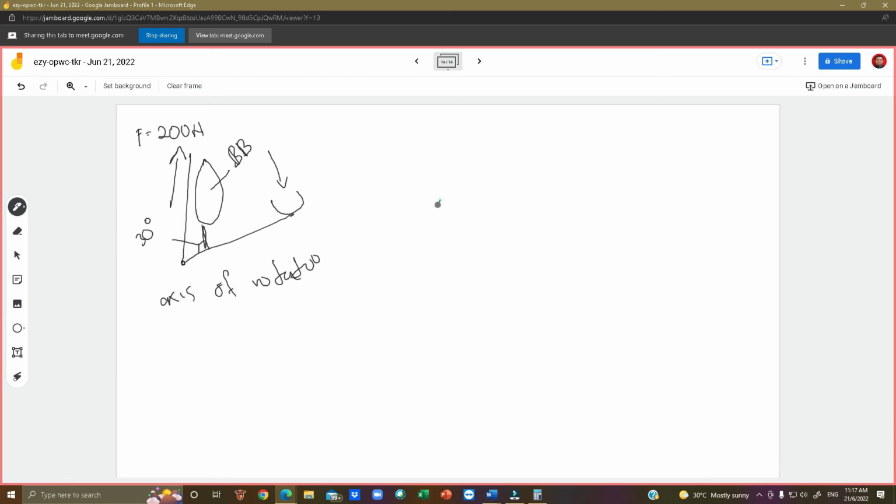So kalau kita keluarkan dalam bentuk teorem Pythagoras, 30 degree, this one is 200 Newton, dia nak tahu force kat sini. This is your elbow, this is your bicep, this is your compression. Okay, pergerakan siku tu tadi tu, berapa banyak exerted force. So based on here, berapa kita dapat force dia? Macam mana kita nak tahu force kat sini? Kalau force dekat sini, kita pakai sin.